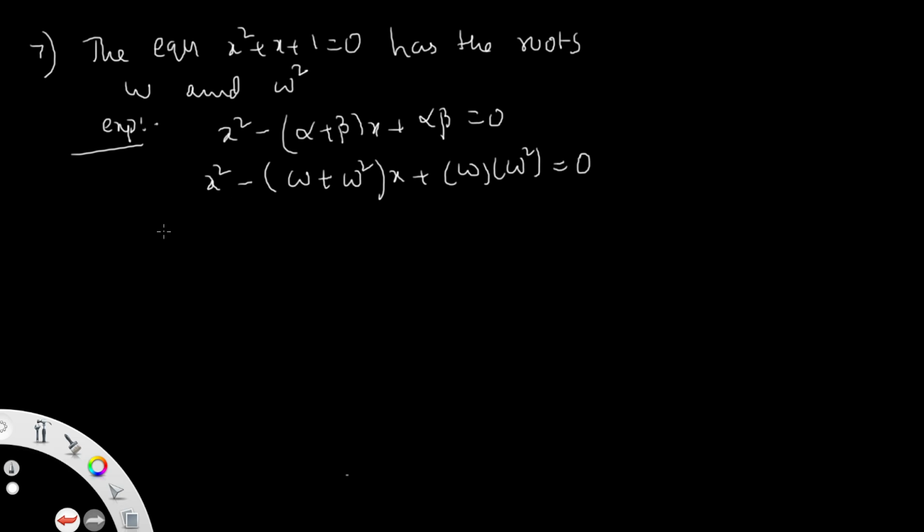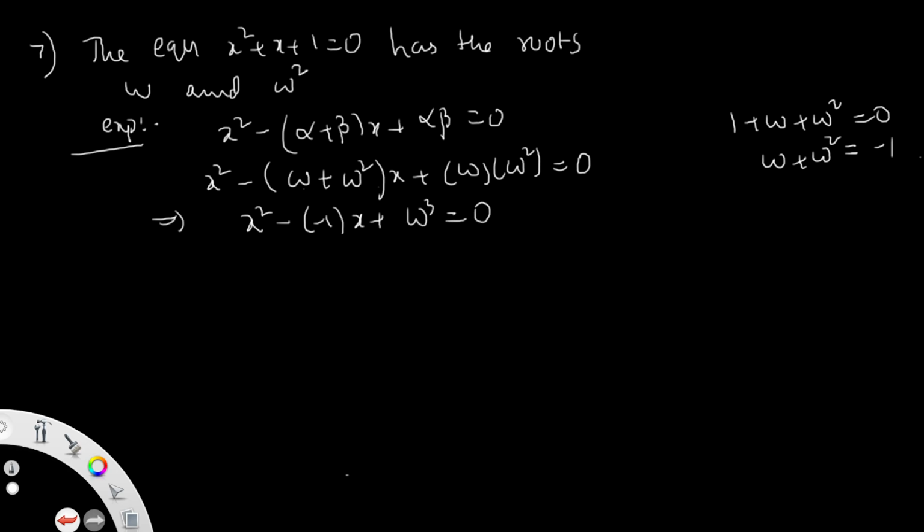Then we get x square minus (omega plus omega square) x. From this we already know omega plus omega square plus 1 is nothing but 0, so omega plus omega square is minus 1. So we write minus 1 into x, and the product of the roots is omega cube, which is equal to 1. Lastly we get x square plus x plus 1 equal to 0. Therefore omega and omega square are the roots of the equation x square plus x plus 1 equal to 0.